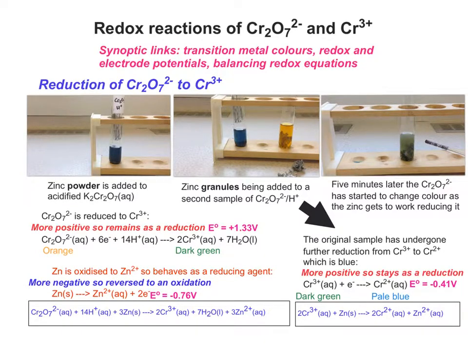So the chromium 3+, chromium 2+ redox system stays as a reduction compared to the more negative zinc. So that must mean that zinc is the most powerful reducing agent. So as a result, it gives rise to the multiple reductions of chromium that you've seen in the clips.